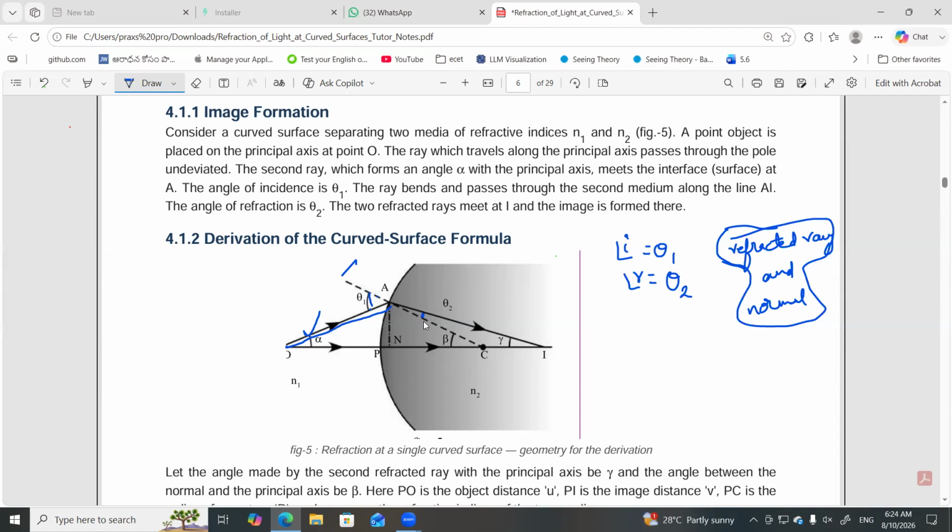Yes. Okay, now you have to look at three triangles. Triangle AON, the angle at O is alpha.